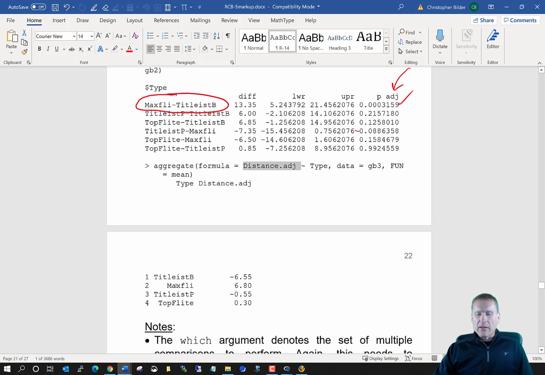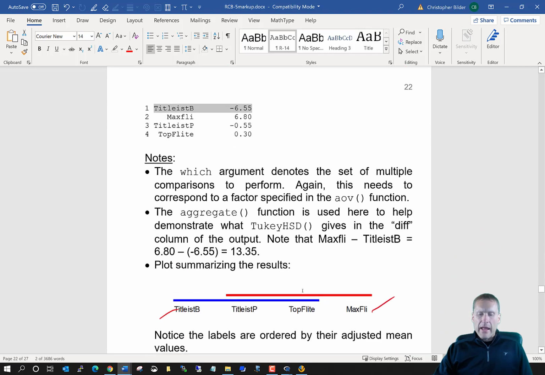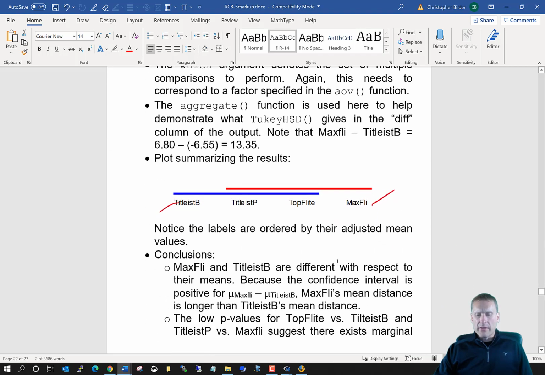We can see max fly has the highest value, Titleist B has the smallest value, and you can see the second smallest, third smallest, and so on. Using that as an ordering, as I did here, we can draw our lines. Remember, we only found that max fly and Titleist B had different means. That's why we have these two lines that go across on our plot.